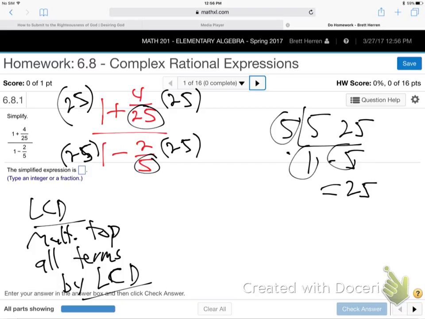Always in these fraction situations, it's either left, right when you have an equal sign, or top, bottom when you don't. So top and bottom, everybody by 25, because that's the LCD. We're trying to make this cleaner. This is a big ugly mess, isn't it? We call this a complex fraction because it's fractions over fractions. We don't like it. We want to make it simpler. So how do we simplify this now?